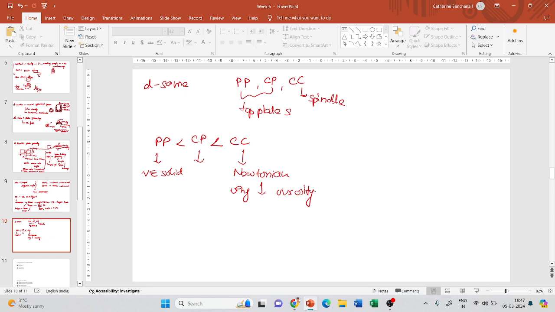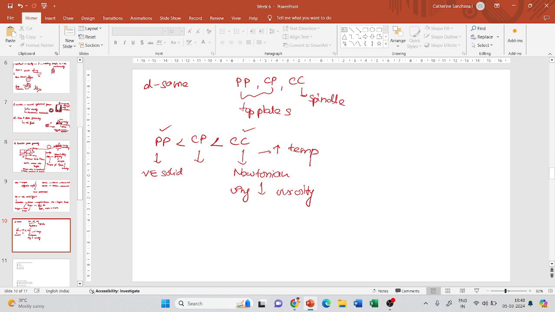I told you that mostly we use PP and CC for bitumen, except for a few researches which use a CP geometry. Now how can I use a CC geometry for bitumen when you know that it is a stiff material? You can use a CC geometry for bitumen at high temperatures, where the material viscosity is very less.